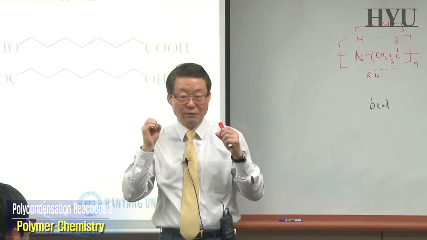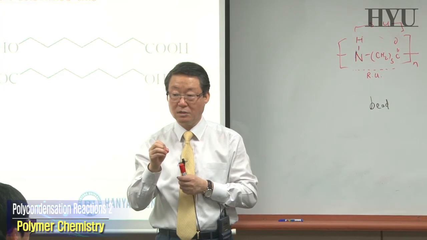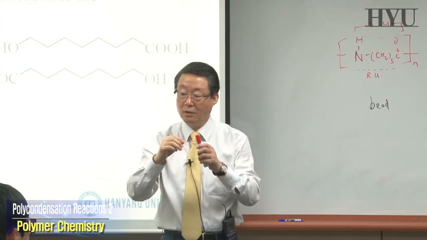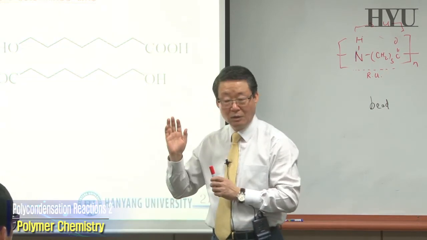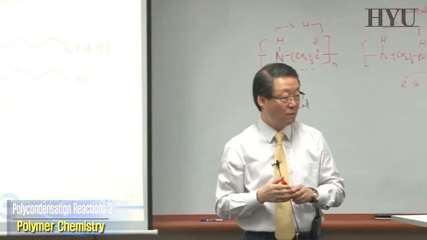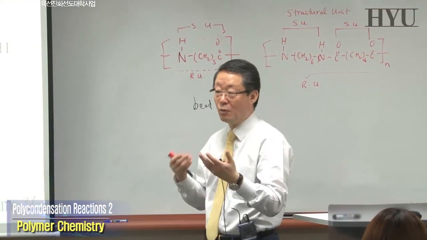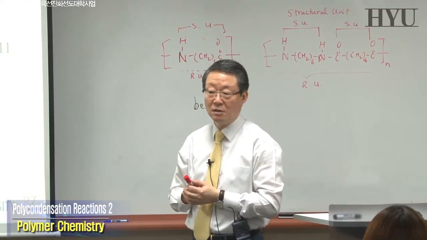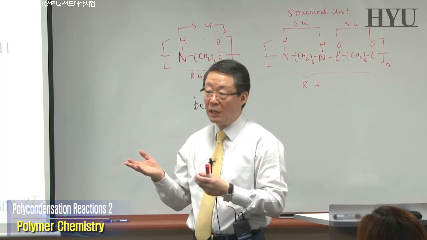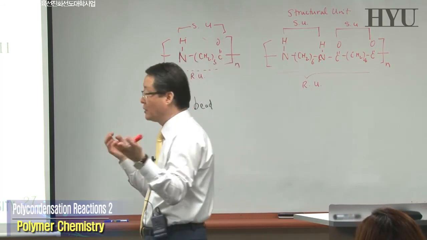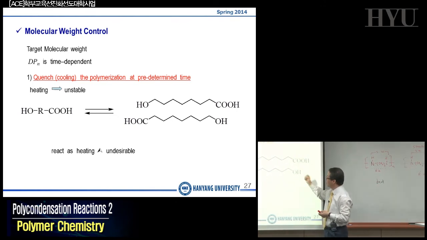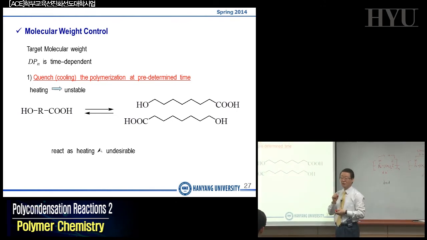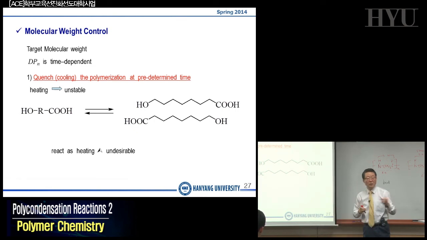So you have to melt those plastics and extrude them to make your own shapes. Now, in order to melt your polymer, the polymer will be in the liquid phase at high temperature. At high temperature, upon melting, your carboxylic acid group and hydroxyl group may react again if you use this cooling method to make a bead.